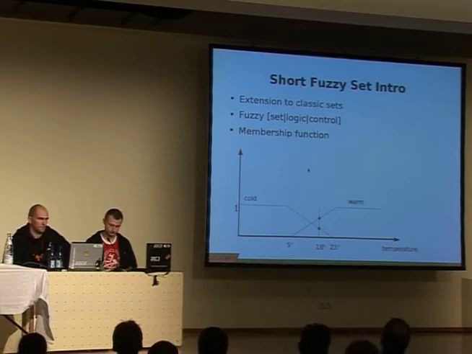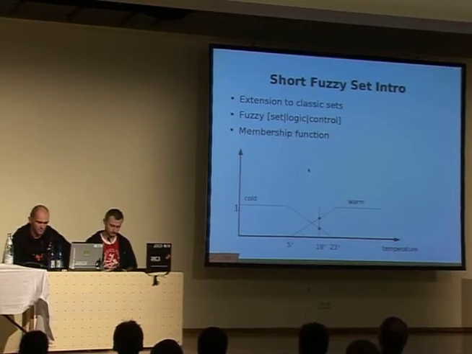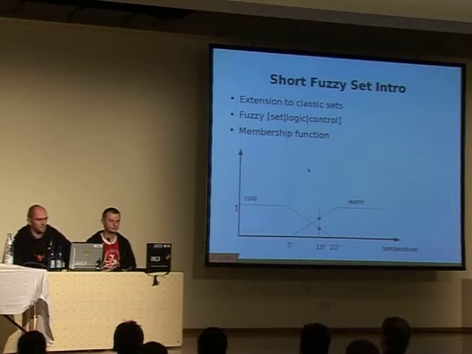So what about 22 degrees? It doesn't belong to the set warm, but for sure it might not belong to a set called cold either. So humans actually think a bit differently. They would say, maybe it's not so warm, but they still would use the term warm.